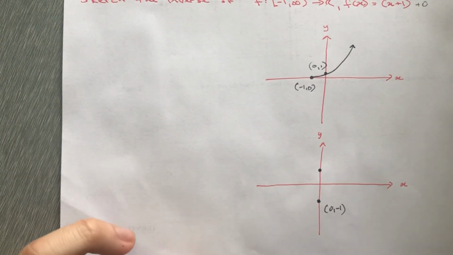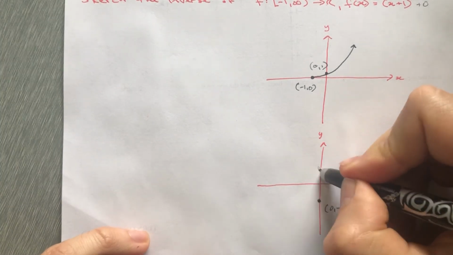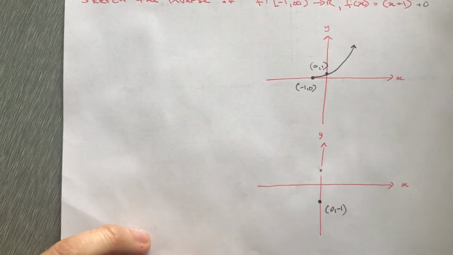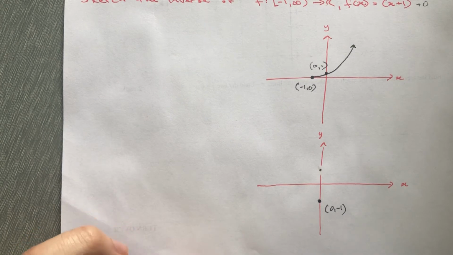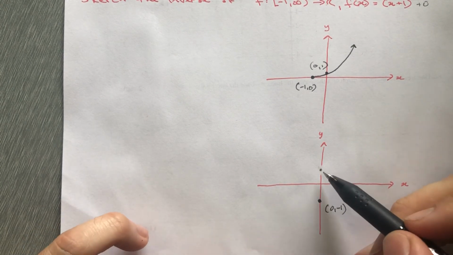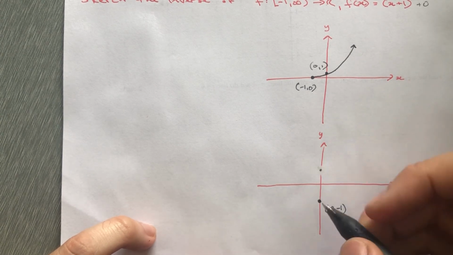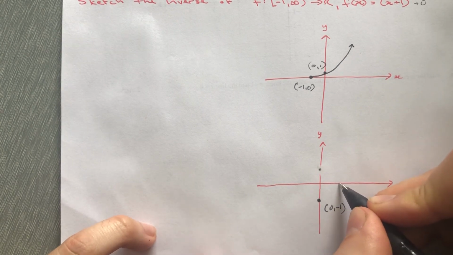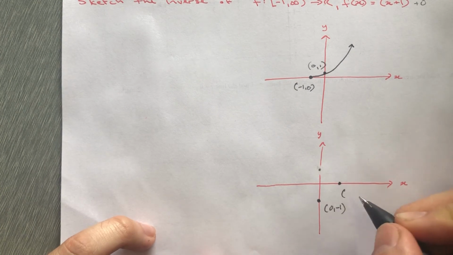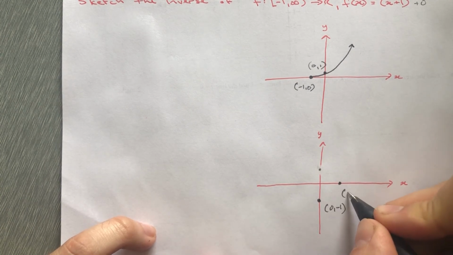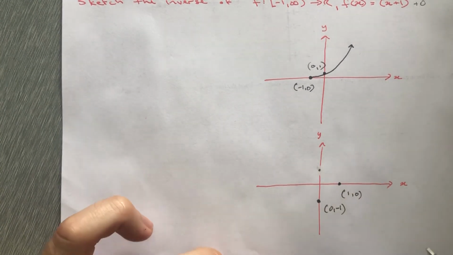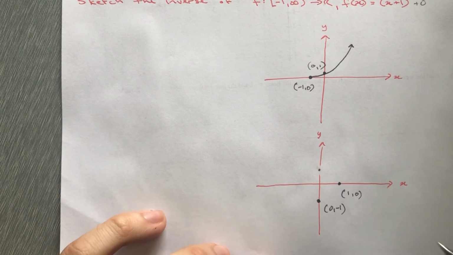I'll just get rid of that. Okay, and we need the y-intercept of this one to become the x-intercept of this one, so that's going to be over here. 1 and 0, 0.